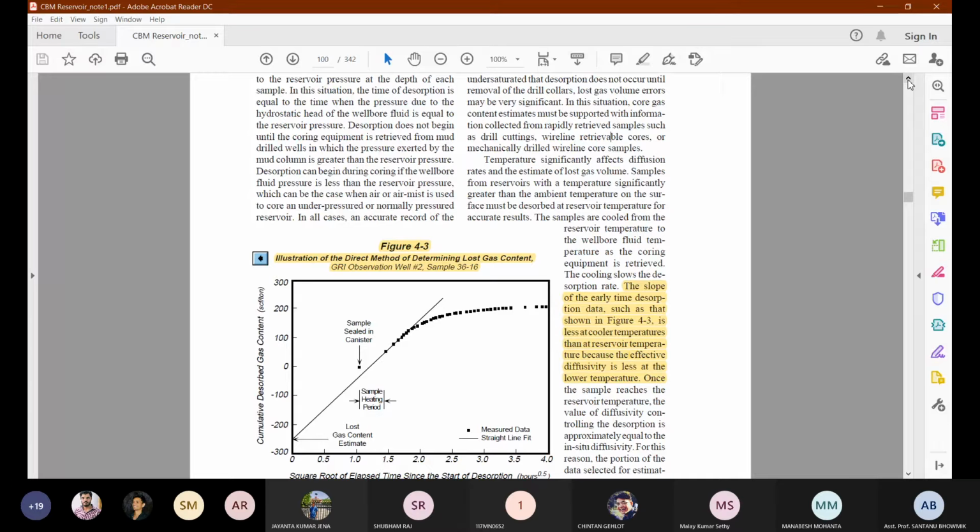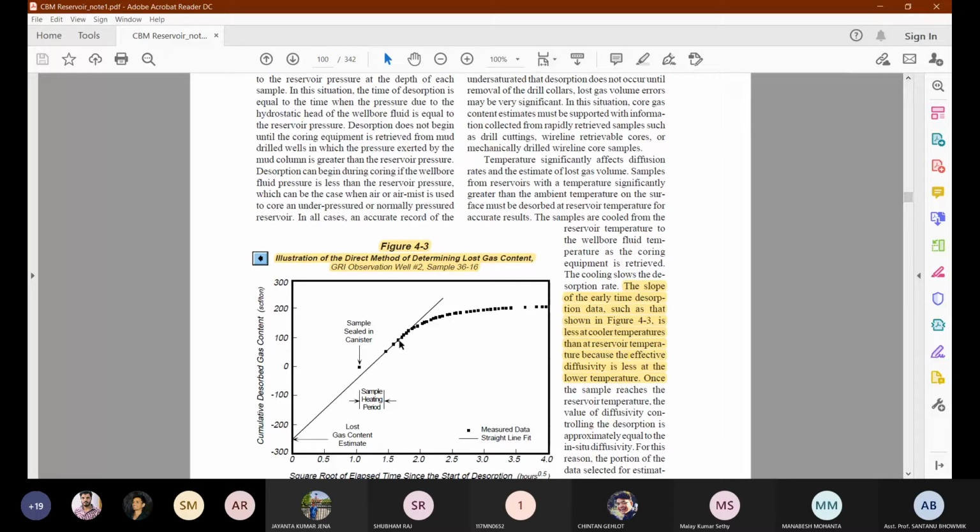All this time elapsed, you have to reduce. Unless you reduce the time and monitor the time, you will not be able to estimate the lost gas content. And believe me, this is the most crucial because you cannot measure it directly.